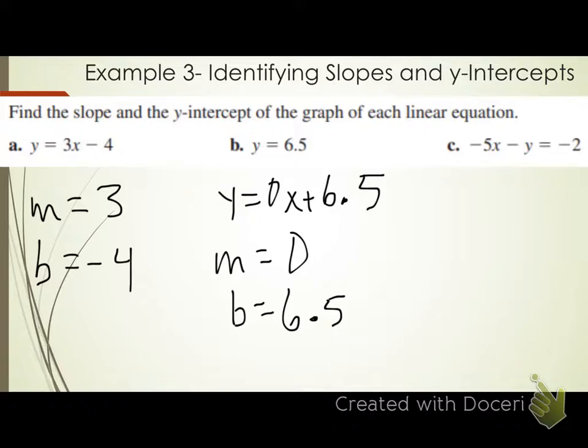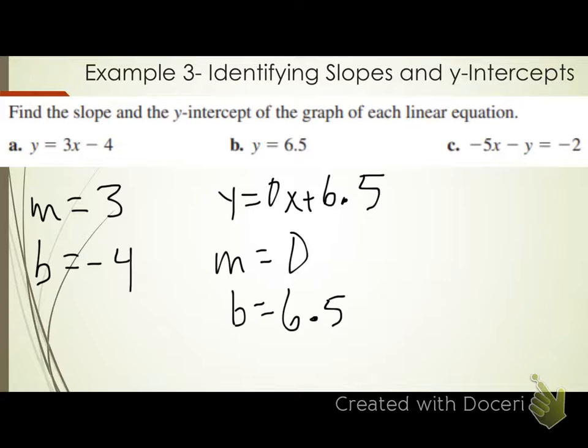Lastly, letter C. Raise your hand if you can tell me my slope and my y-intercept. The y-intercept would be 2, and the slope would be 5. Not quite. Hold on.